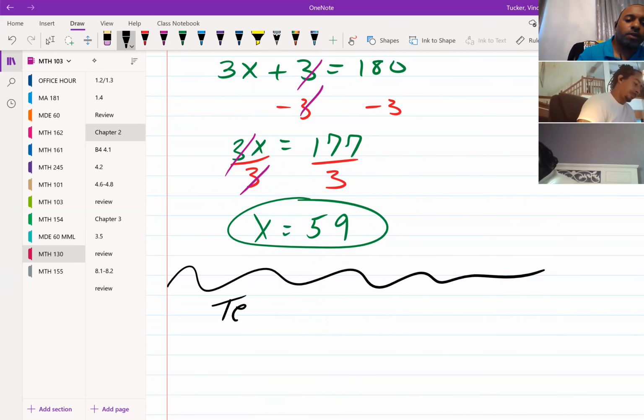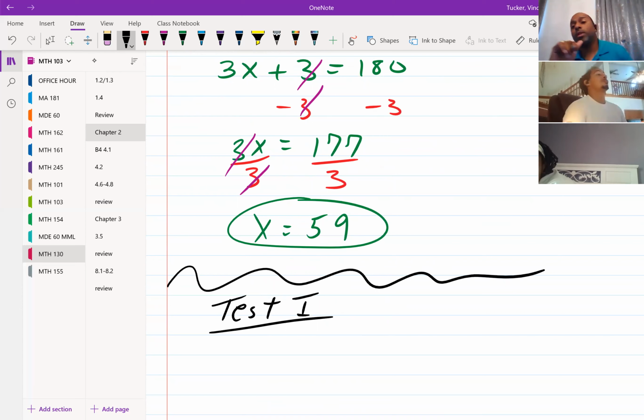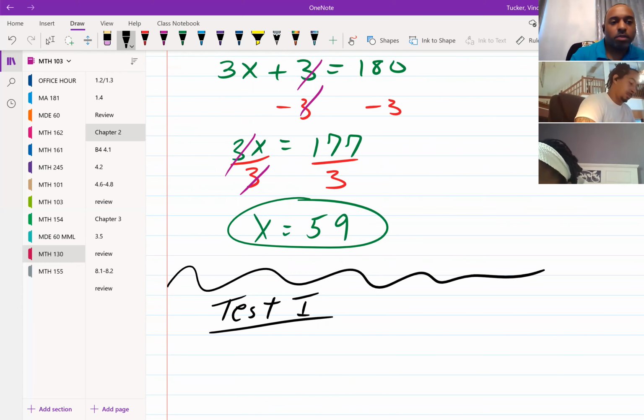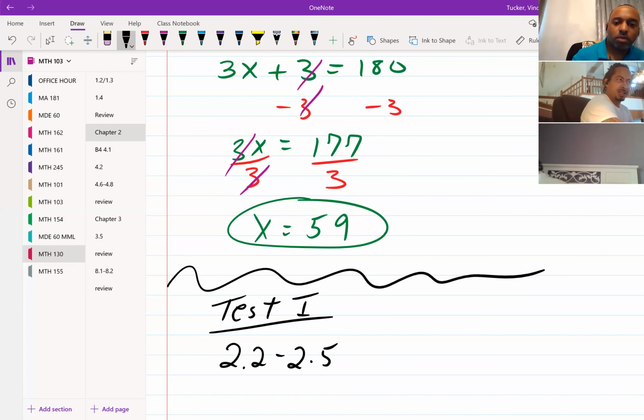So we're looking at this first test, which I will make available for you to take on your own. So your first test, I was going to allow that to be unproctored. But let me go to your assignments. 2.2 through 2.5. We got to take a test today in class? Oh no, unless you're trying to make it happen like that, sir.